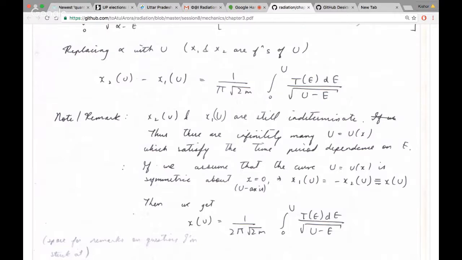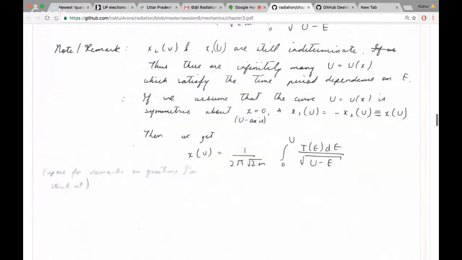Then we get x of u equal to 1 by 2 pi under root 2m, integral 0 to u. Make it symmetric, so x1 of u equal to minus x2 of u. Twice, so it's 2 times this thing. So you get T of E dE by under root u minus E.